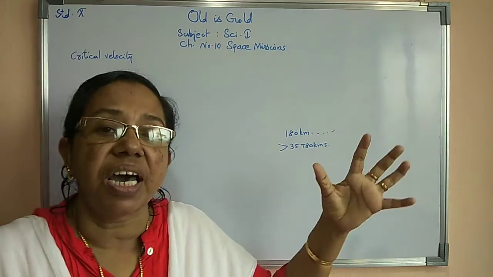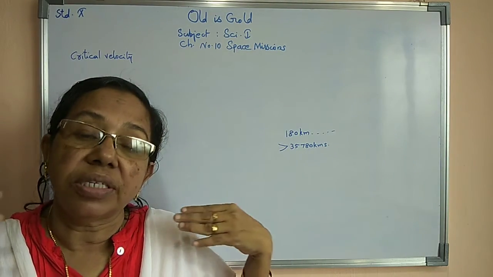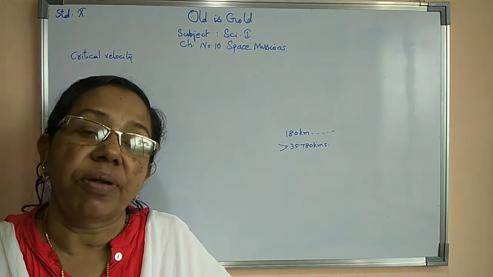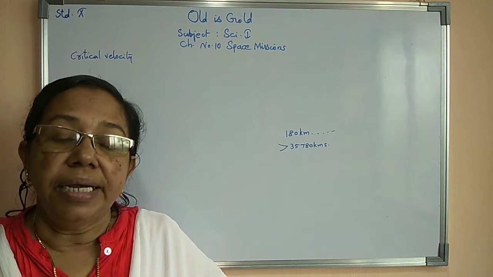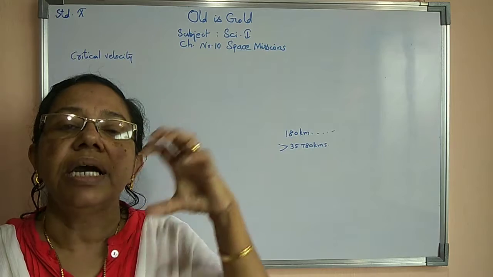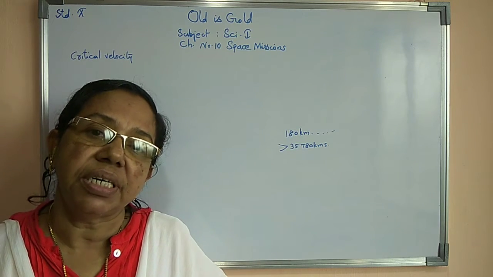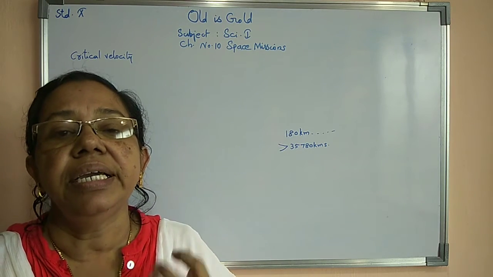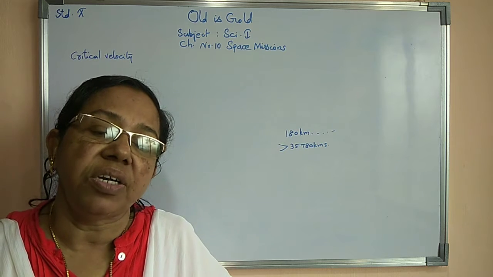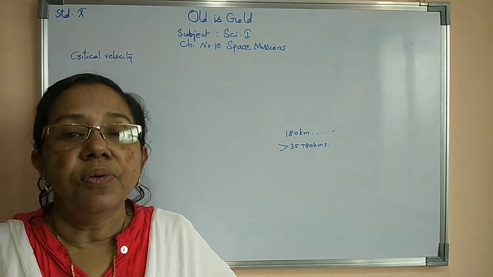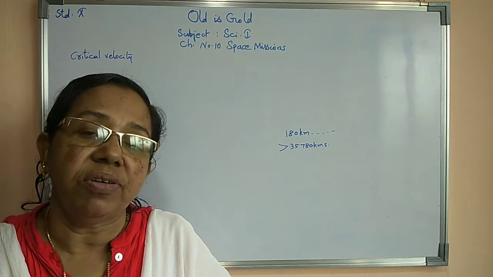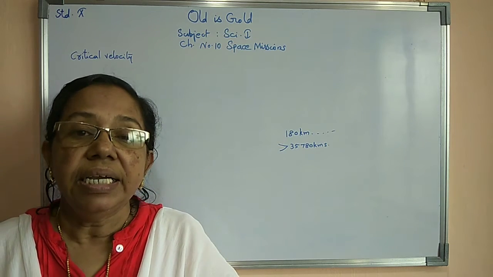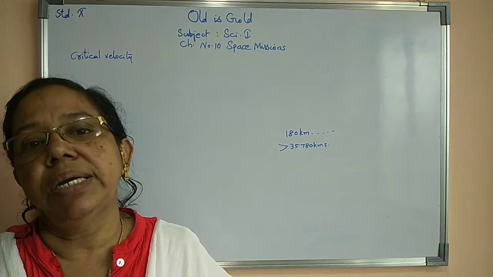Satellites are fixed at such great heights. Depending upon their position as well as height from the surface of the earth, their critical velocity also will be different. Now for finding the critical velocity of different satellites, we have to derive a formula.